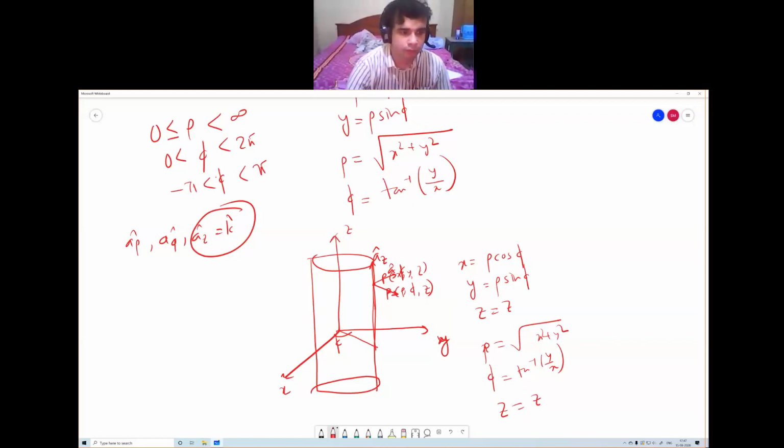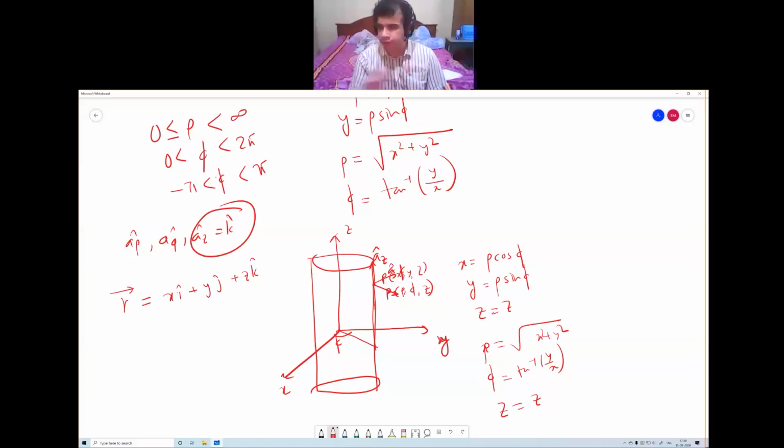See, the radius vector r equal to xi plus yj plus zk, which we have seen earlier, right? The unit vector a rho always points radially outwards, for every point.